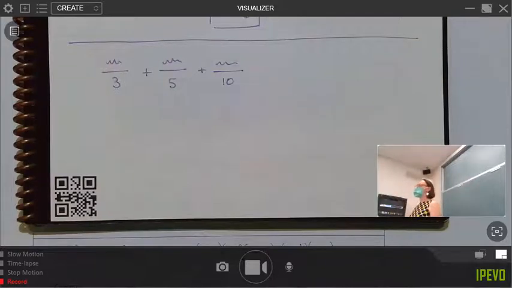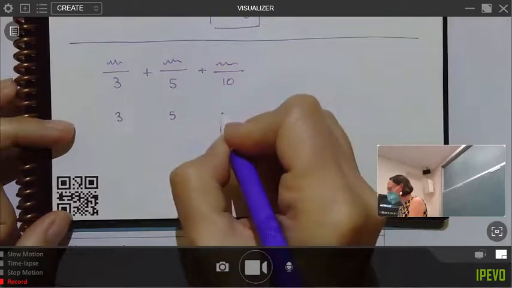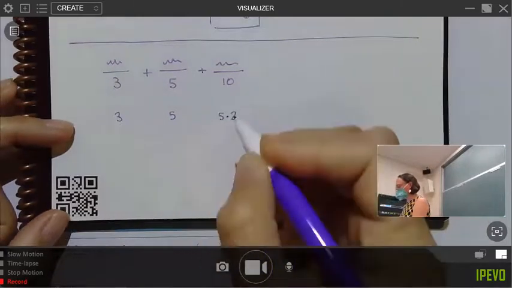One option for finding the common denominator that will always work to find the lowest common denominator is to take all of your denominators and do the prime factorization, meaning break them up into the smallest parts they can be broken up into. So I've got 3, 5, and that 10 would be 5 times 2.